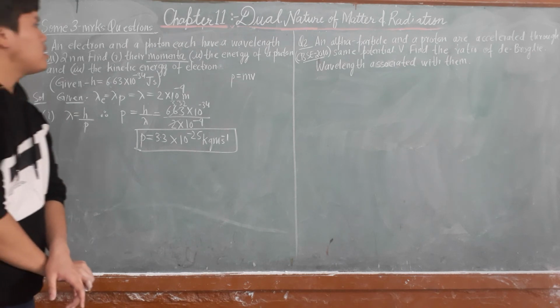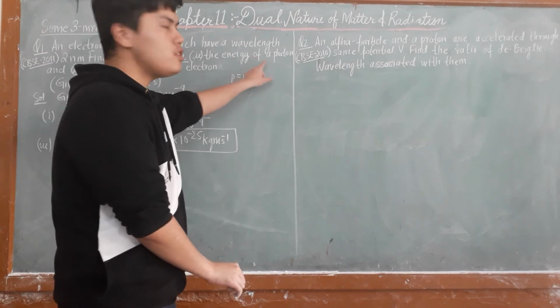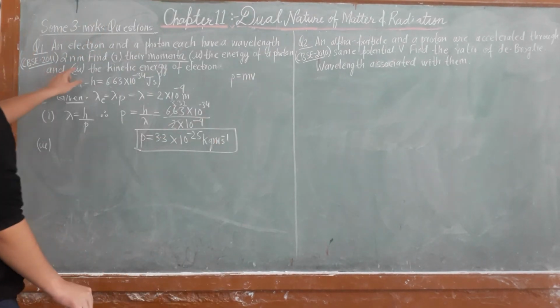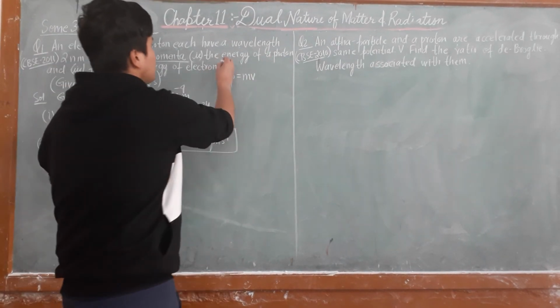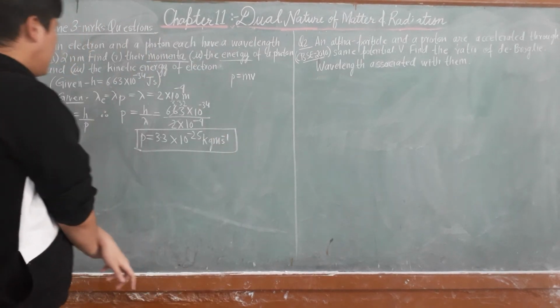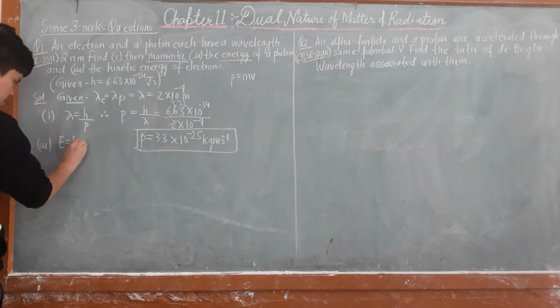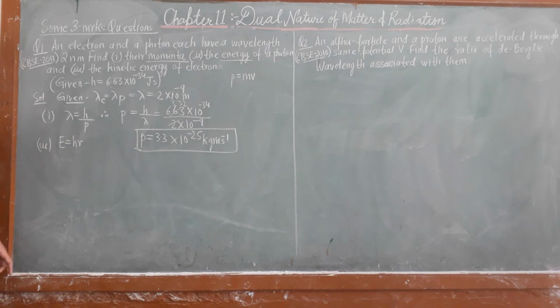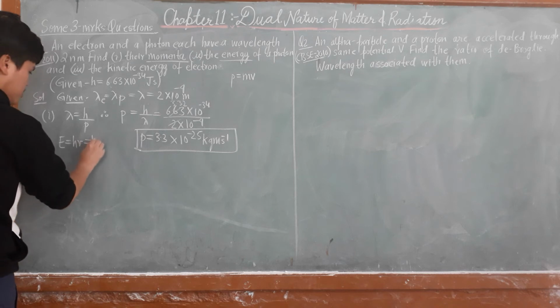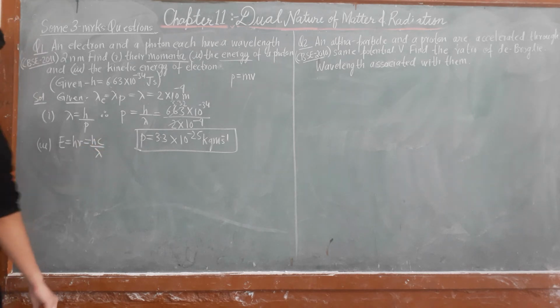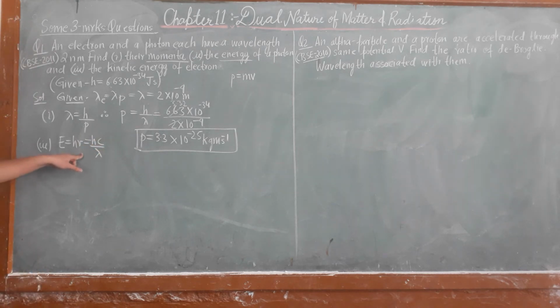Now the second part: the energy of a photon. The energy of a photon is h nu, which is equal to hc by lambda. That is your Planck's equation.